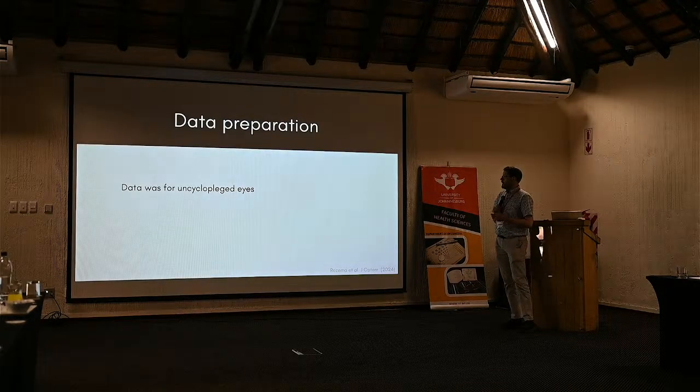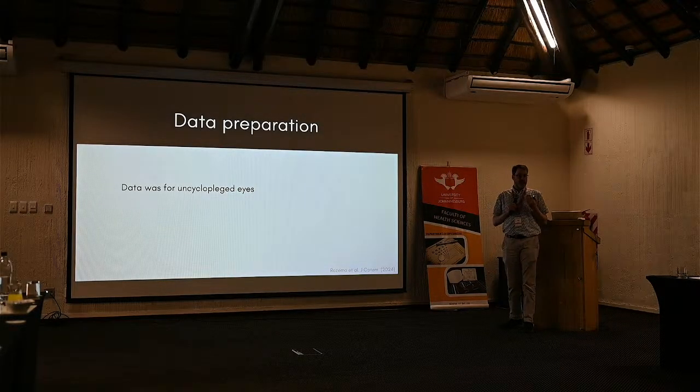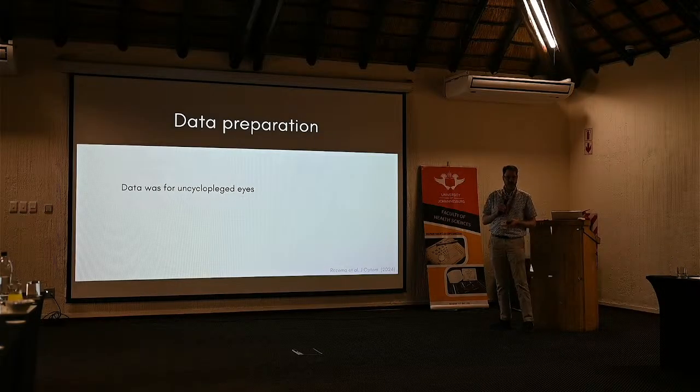There was only one issue with both data sets, and that was that the data was for uncycloplegic eyes. That's a bit of a problem, as there might be a little bit of accommodation, making the refractive error a little bit more myopic. I had to use a bit of a dirty trick there.